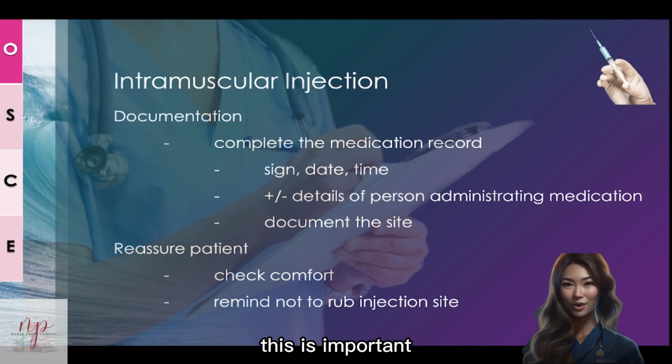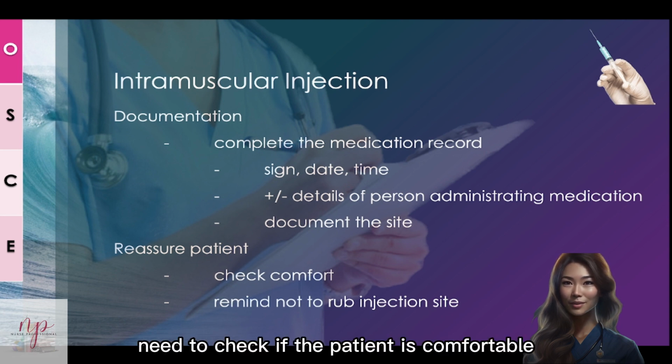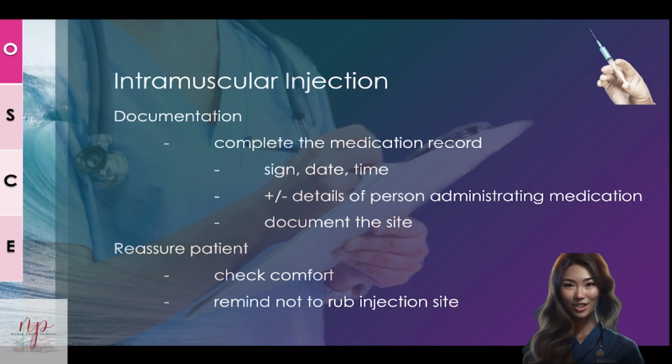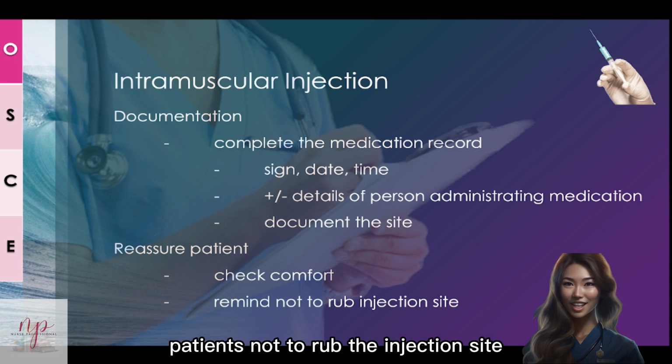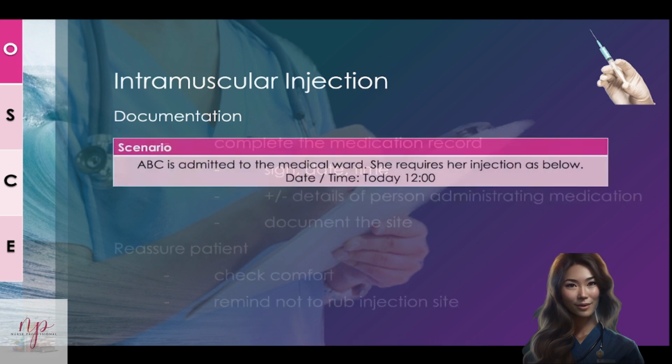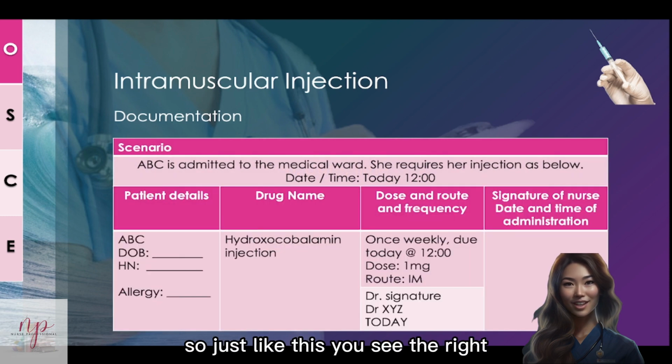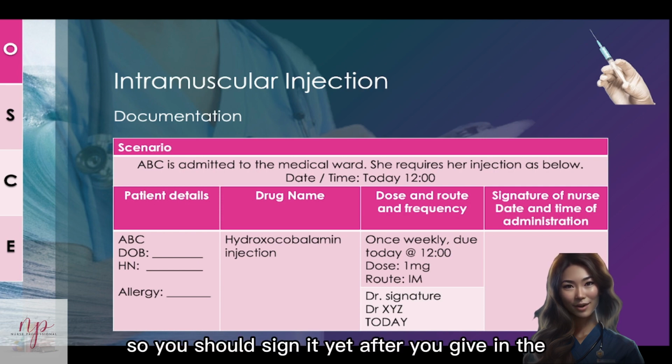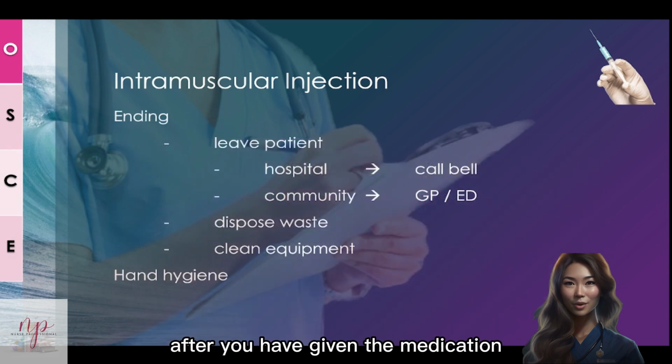This is important. You need to check if the patient is comfortable after the procedure, and then remind patients not to rub the injection site. So just like this, you see the box at the right hand side, not signed yet. So you should sign it after you have given the medication.